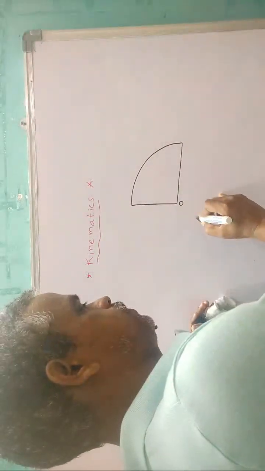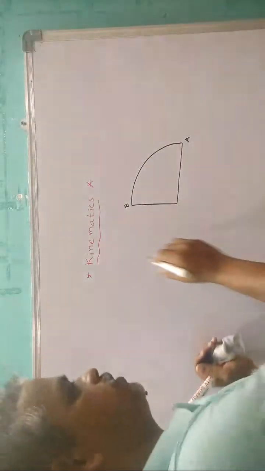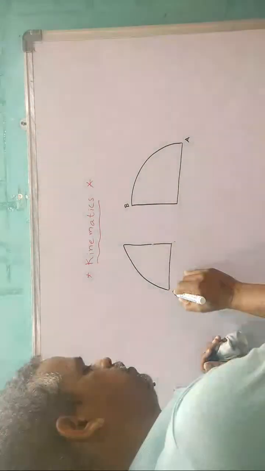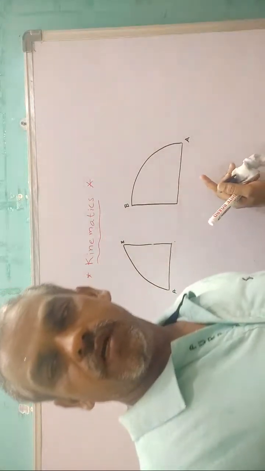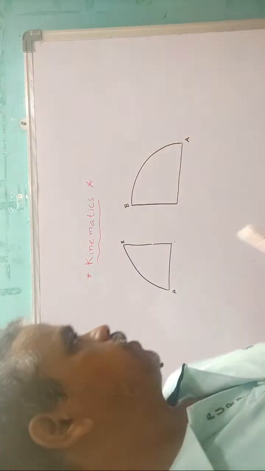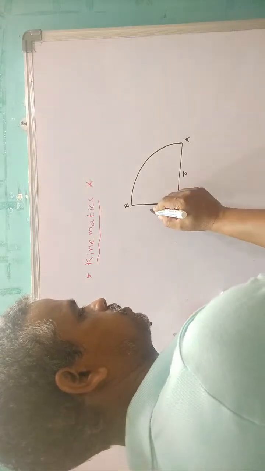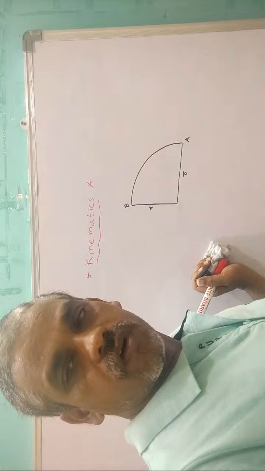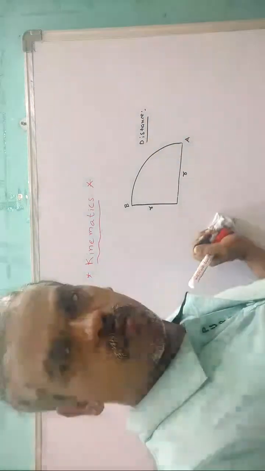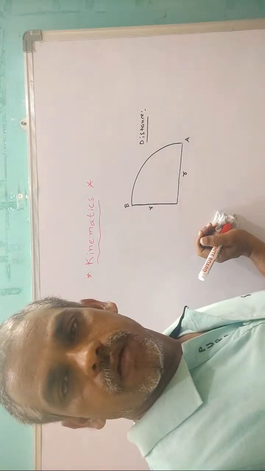For example, you started at A and reached B. Maybe the figure may be like this: he started at point A, then finally reached B. The radius of this quarter circle is R. I gave you this problem: find the distance. I think this is your doubt. Yes or no? Message me.